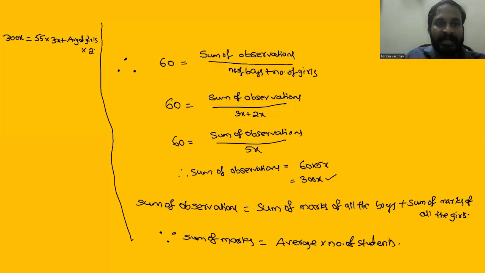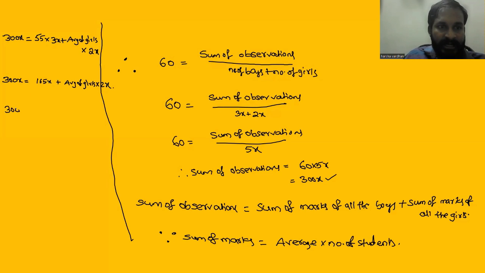So 300x is equal to 165x plus average of girls into 2x.